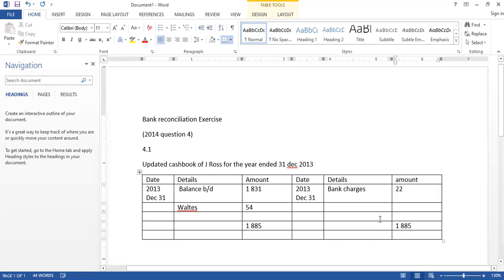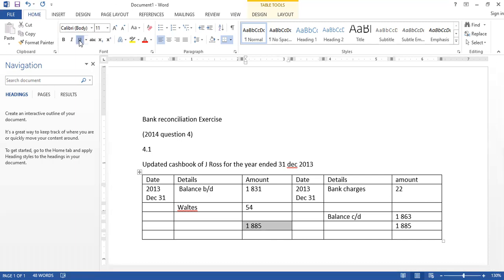And therefore you have a balance carried down of 1863. If you subtract the 22, are you getting the same amount?